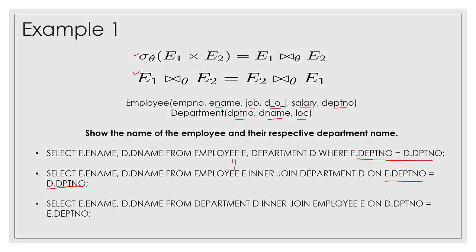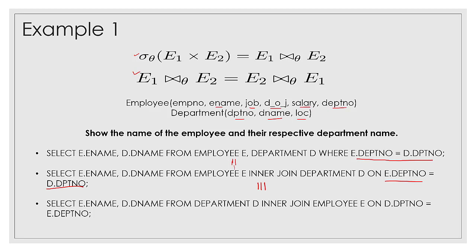Similarly, here the number 2 and number 3, you can see that I have just changed the position of the relations. Department is on my left and the employee is on my right of the theta join operation. So by the commutative property of the theta join, we can say that these two are equivalent by using this rule. Now, which one will be the most cost effective?